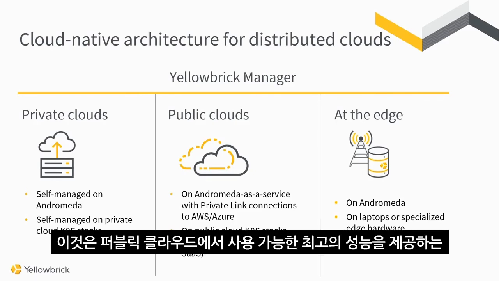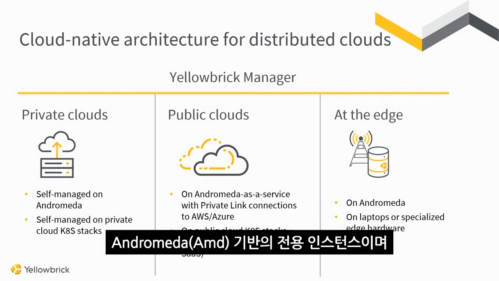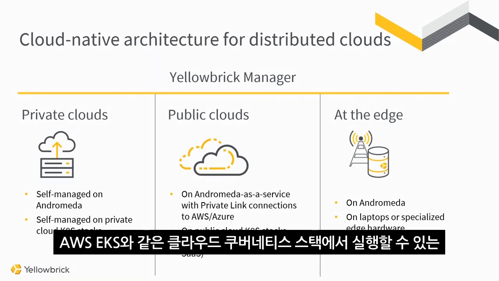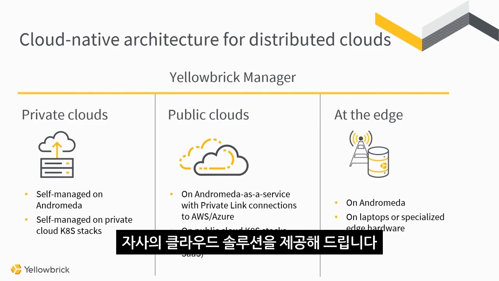These are dedicated Andromeda-based instances that offer the highest performance available in the public cloud today. And if you'd rather manage it yourself in your own VPC, we offer our cloud-native solution, just like in our private cloud, to be run on cloud Kubernetes stacks like EKS.